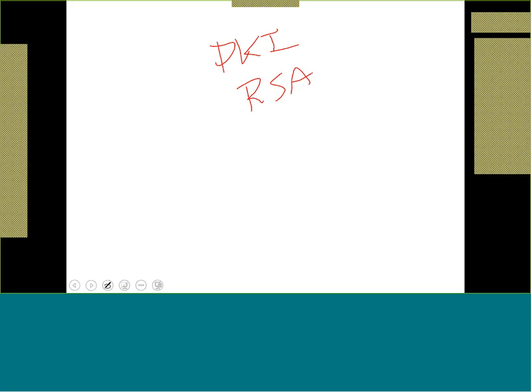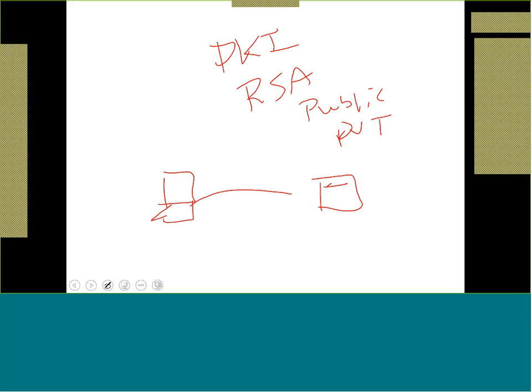And the fundamental concept of RSA is that we have two keys, essentially. They're certificates, but we have two keys. We have a public and we have a private, okay? What we call a public and private key pair. So, PC wants to connect to a switch using SSH.